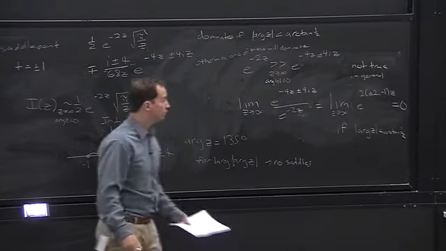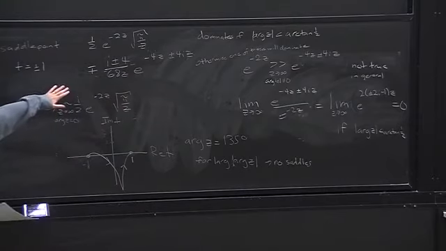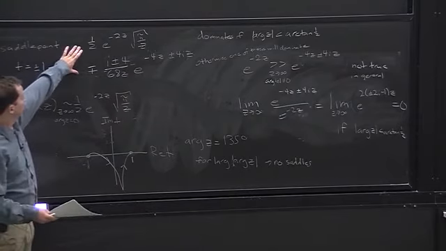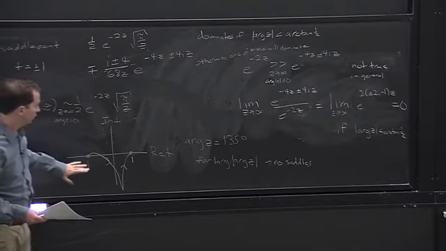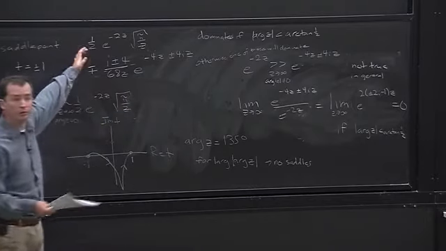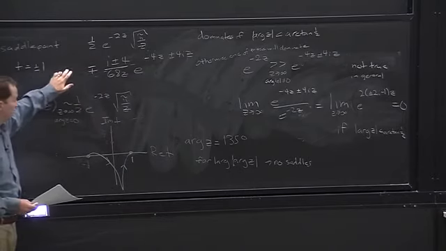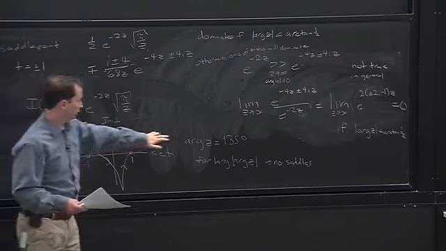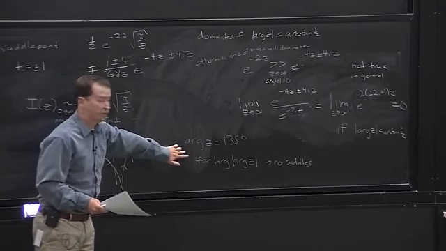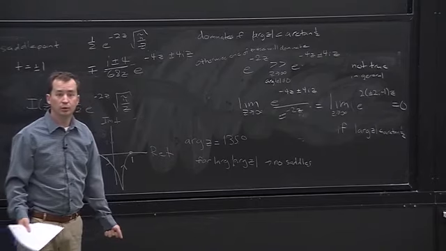So Stokes phenomenon refers to this abrupt change in the dominant asymptotic behavior, and it can occur for two reasons. Either exchange of dominance between contributions of saddle points or endpoints, or it can occur because of an abrupt change in the contours, which tell us which saddle points are relevant.